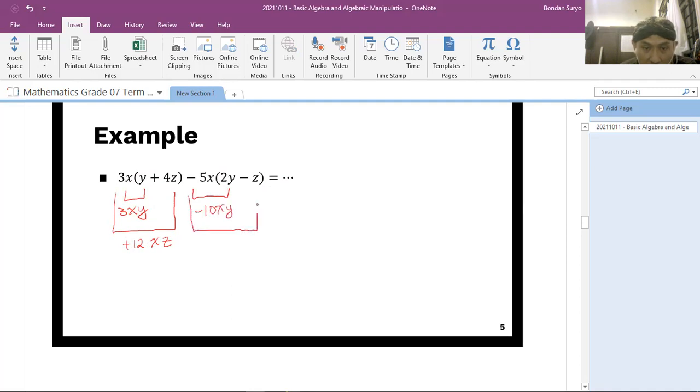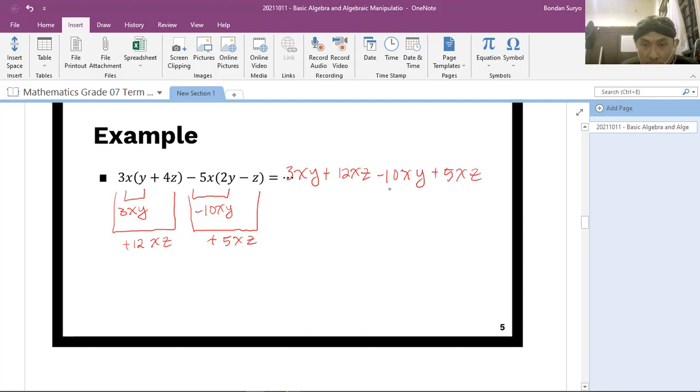And this one becomes positive 5xz. Then we join all together: 3xy plus 12xz minus 10xy plus 5xz. Have we done? Wait a minute.